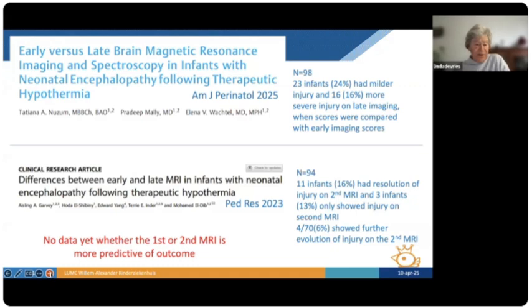Well, then none of these 2 papers talk about the relation to subsequent outcome, so which MRI is most important. And in the paper by Mohammed, we do get a picture, but we see very, very tiny punctate lesions in the white matter. So you really wonder whether doing 2 MRIs is really necessary.